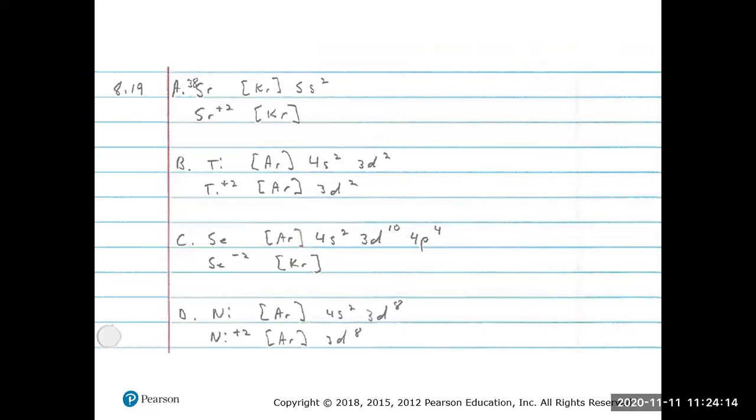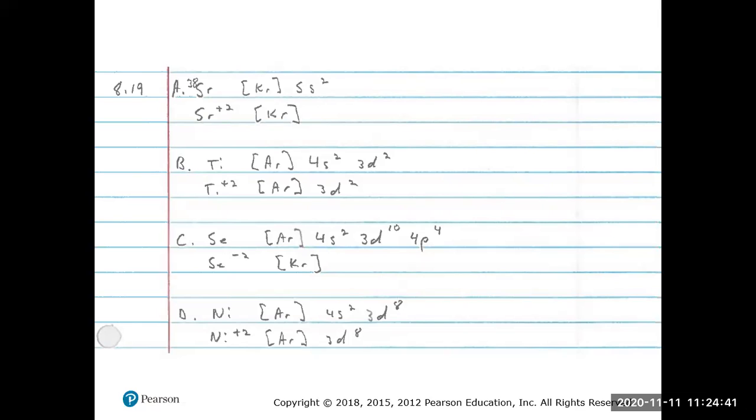We're going to write the electron configuration for these ions. What we want to do first is write the electron configuration for the element itself. For strontium, for instance, we have our noble gas core representing the core electrons, and then we have 5s2.